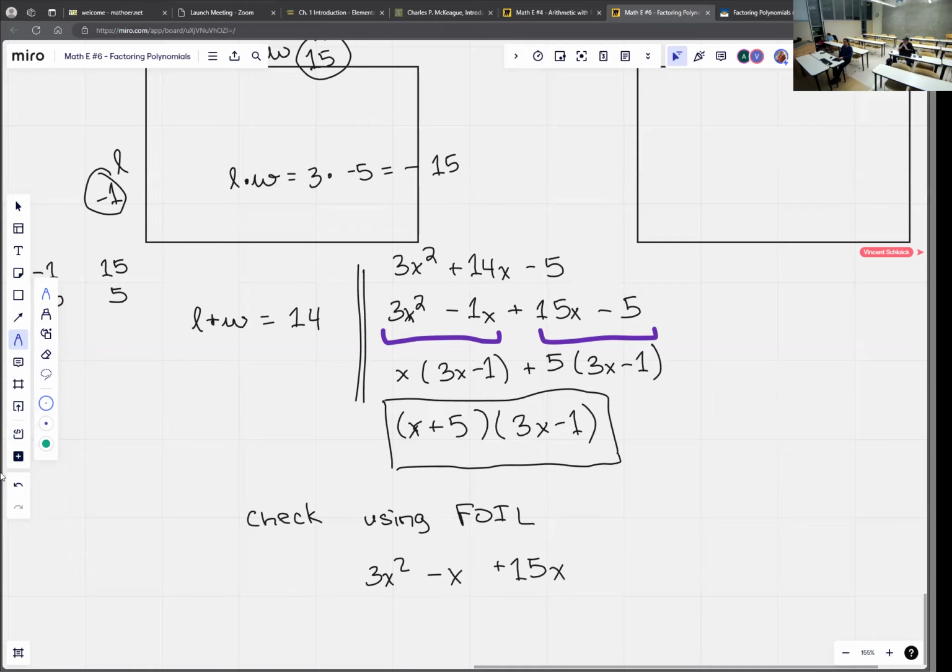And then the last: the 5 and the -1 are the last of each parentheses, and we get a -5. Does this look familiar? It's the same as this line. And then you would have to say, oh, my minus x and my 15x have x's in common. I should take these like terms and squish them together. And I'm back where I started. So yes, it does work.